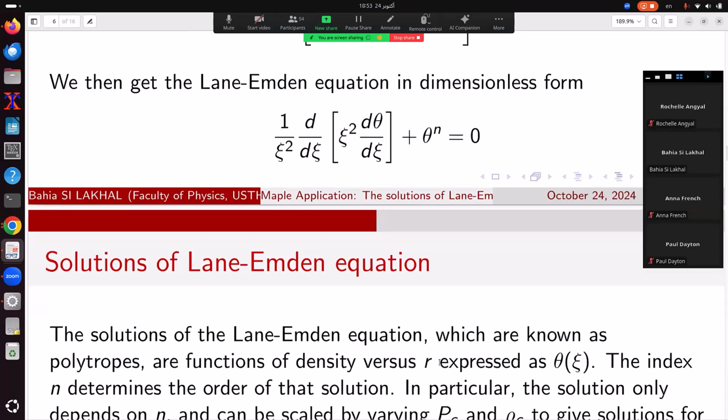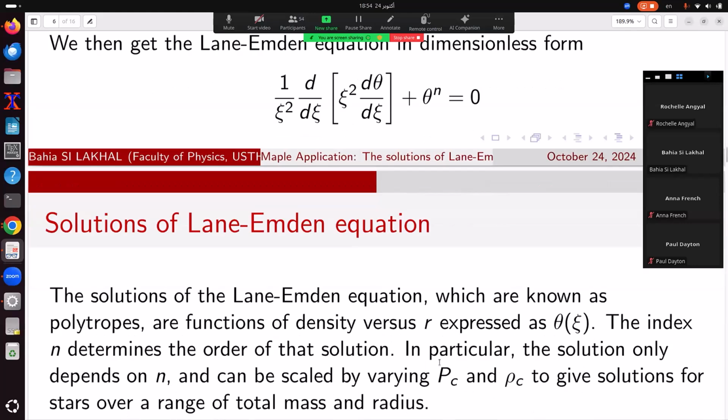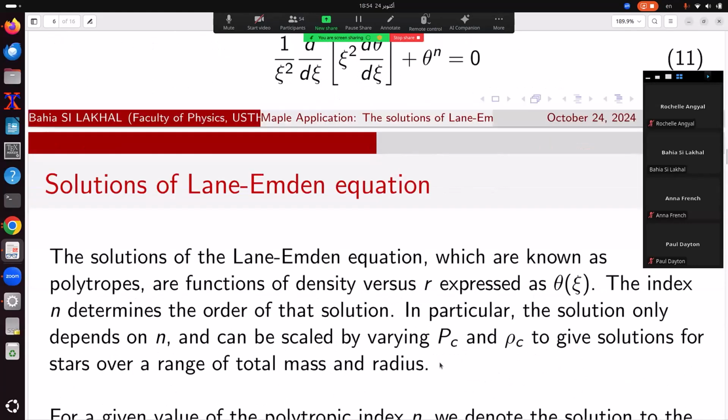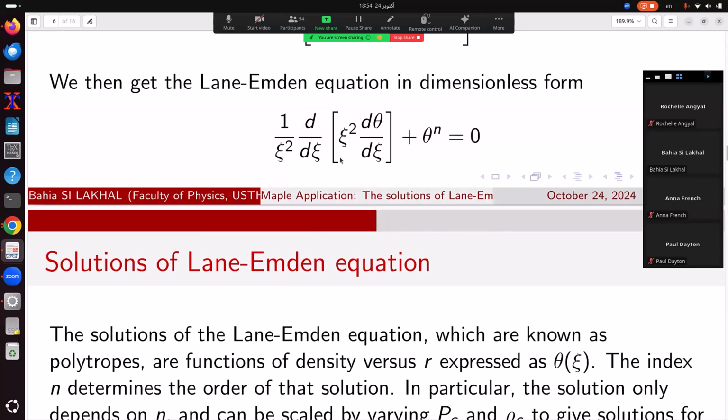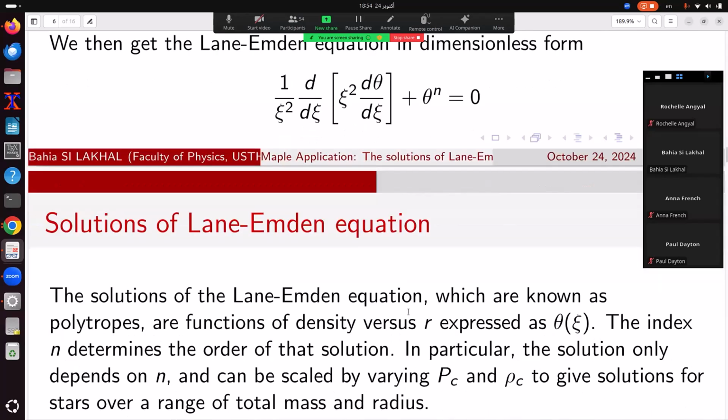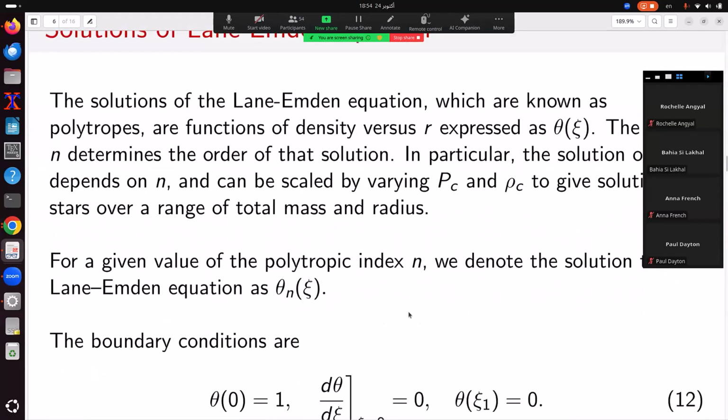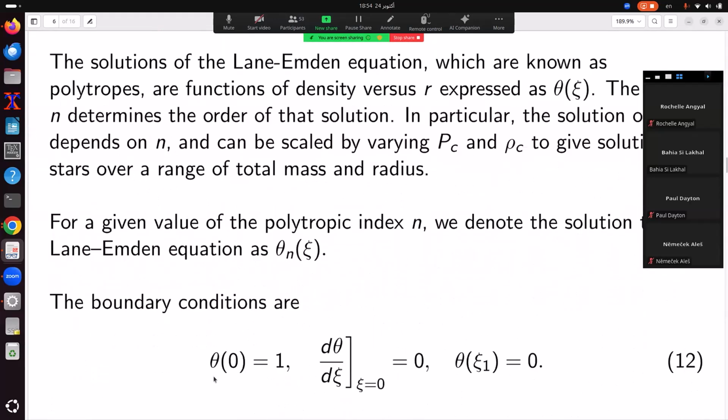As I said, the solutions of the Lane-Emden equation are known as polytropes. The index n will determine the order of that solution. Now, because this differential equation is second order, we need two boundary conditions. The boundary conditions are theta at xi equals 0 equals 1, the derivative of theta with respect to xi at xi equals 0 is 0, and theta at xi1 equals 0.